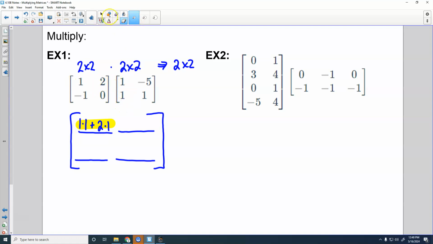I'm going to get everything written down first. So then let's move to the second spot. That is the first row, second column. So I'm multiplying the first row times the second column. And that will look like this. 1 times negative 5 plus 2 times 1.